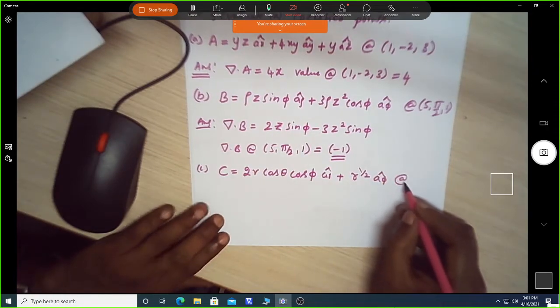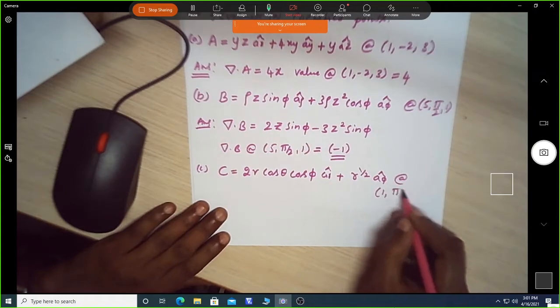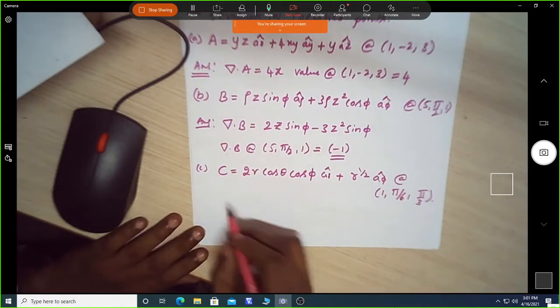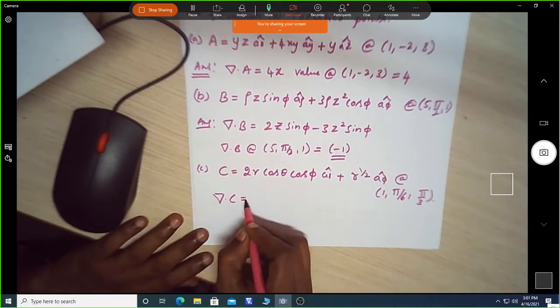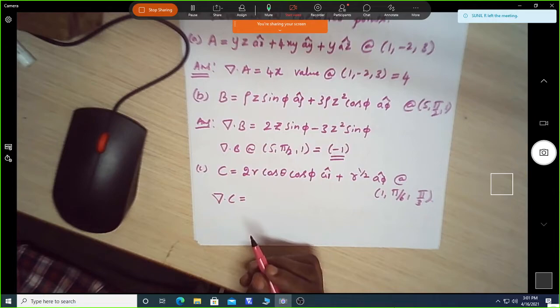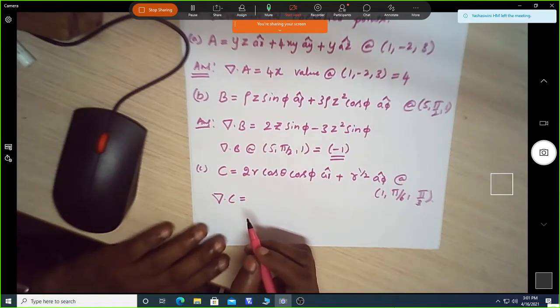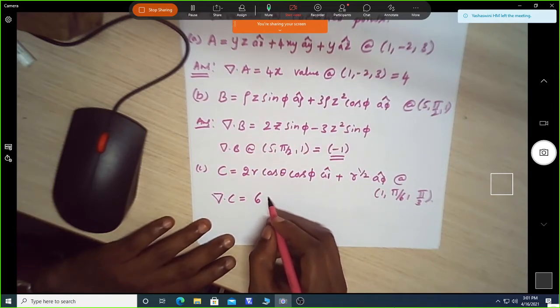You have to evaluate this at 1 comma pi by 6 comma pi by 3. So now you will get del dot C as 1 by r square, 6 cos theta cos phi.